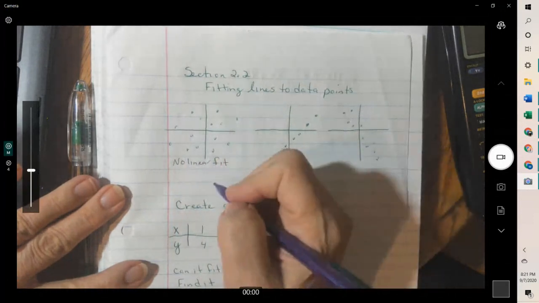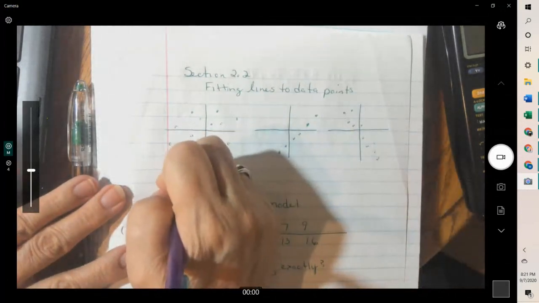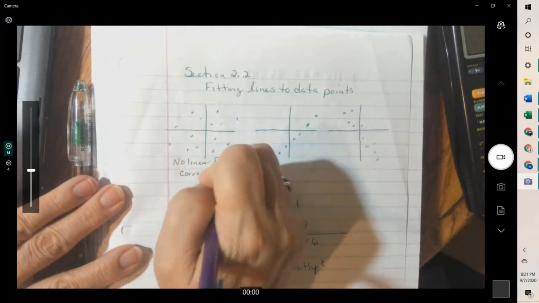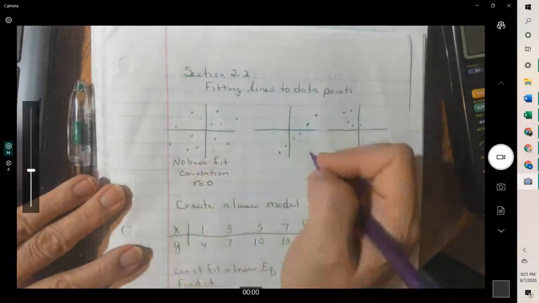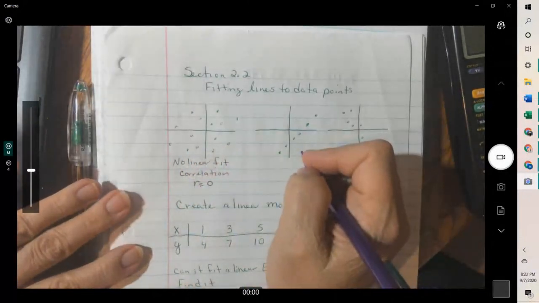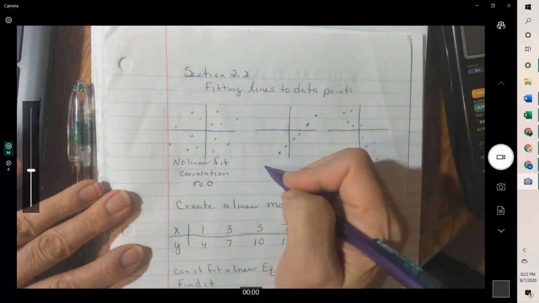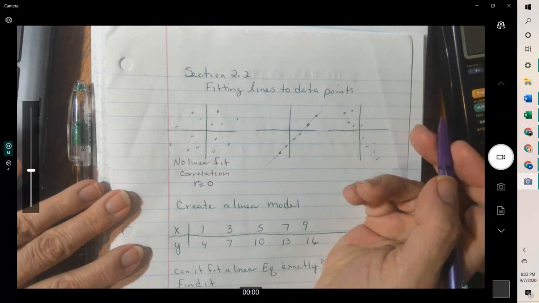Also, they talk a little bit about the correlation. This correlation would be very close to 0. Notice this data fits a straight line.